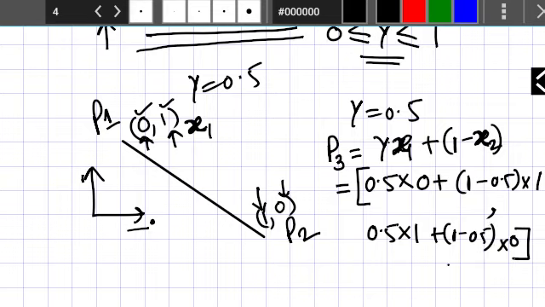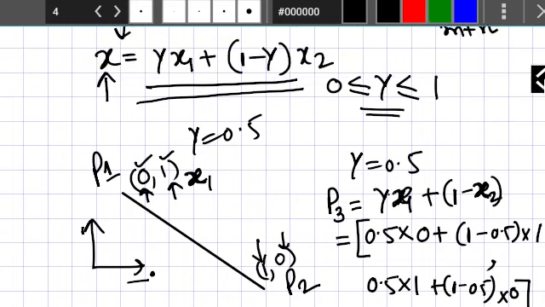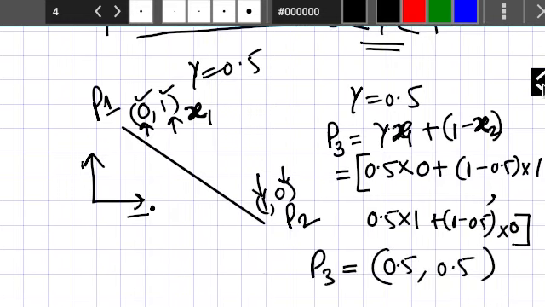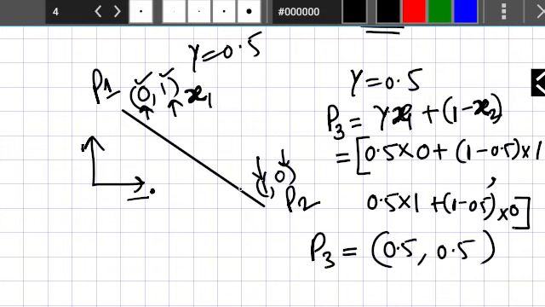So what you get is point P3 as (0.5, 0.5). This is the point you have created when you take gamma equal to 0.5 in your definition formula. So where will this point fall? If you plot this point, you will see that it falls exactly on the straight line joining them, like here.